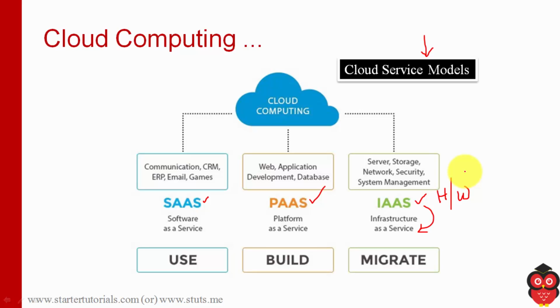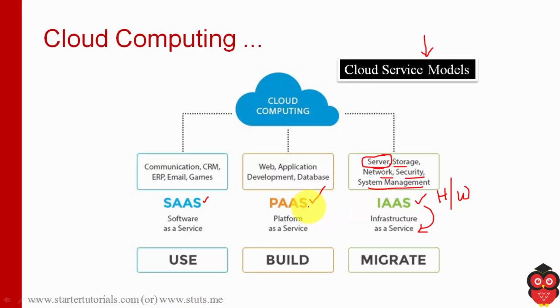So if someone is purchasing IaaS service, it means they are purchasing either servers or storage or network or security or any other service. If I purchase a server, I can install whatever operating system I want. I can install whatever applications I want on the server. It is the client's wish, what the client wants to do with the server or storage or whatever.